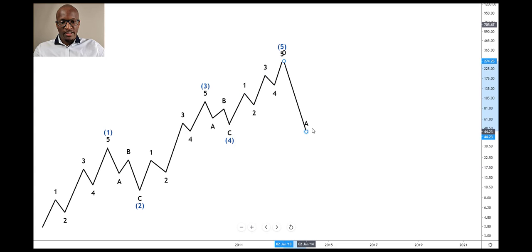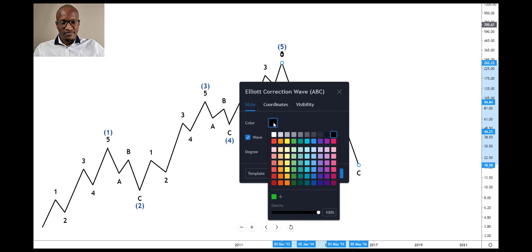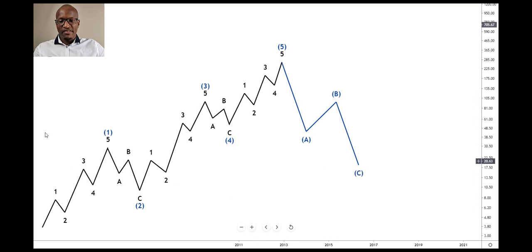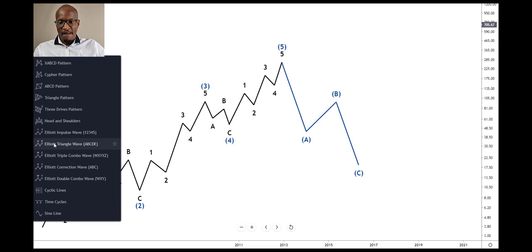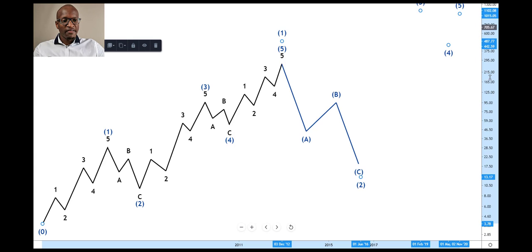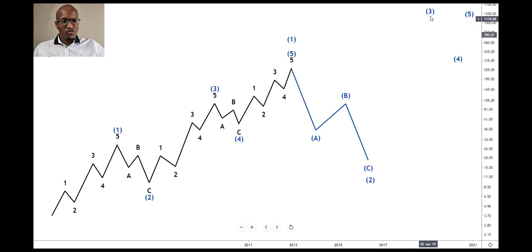So in this case, it will be A, B, C. Now what we have here is effectively a wave 1, a wave 2, and then the market would resume this whole cycle again to form wave 3, wave 4, and wave 5 of one larger degree.